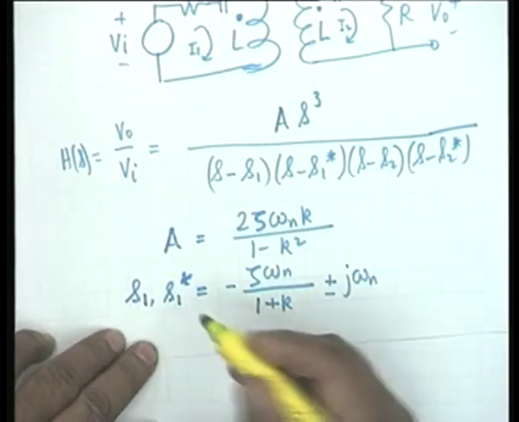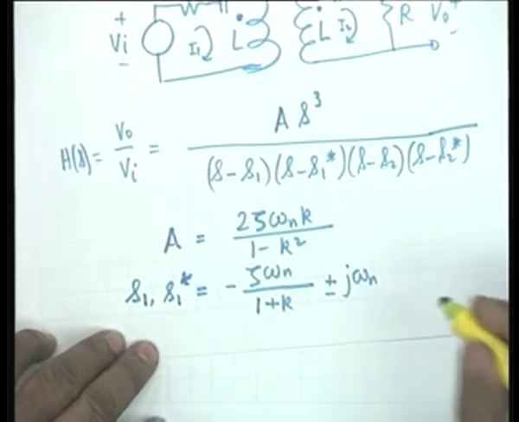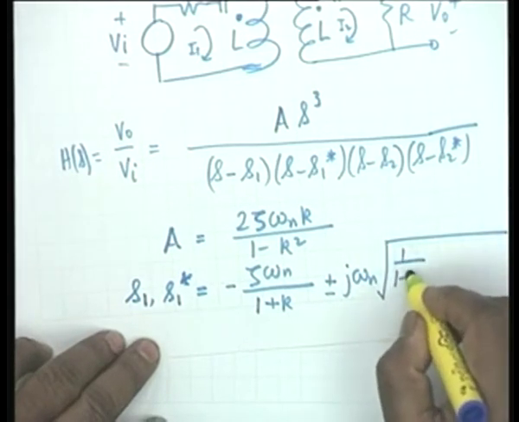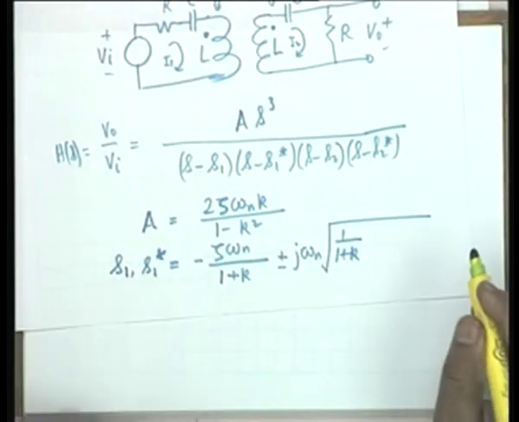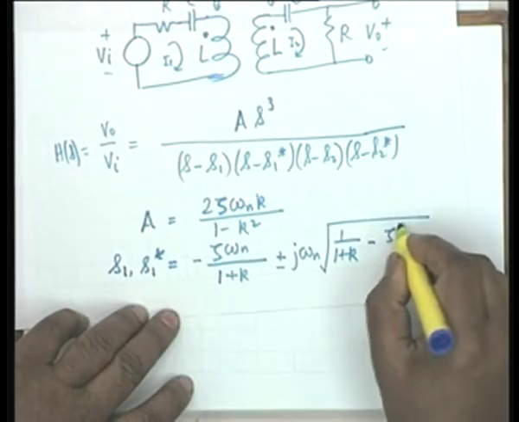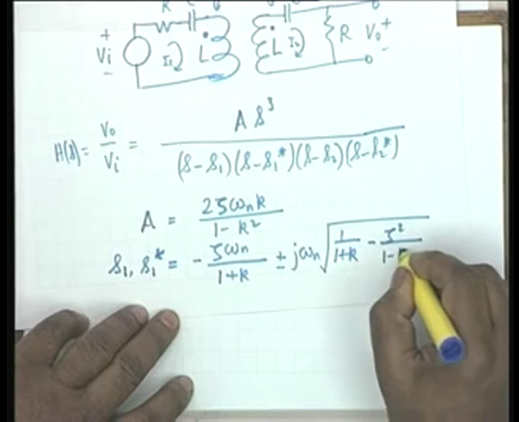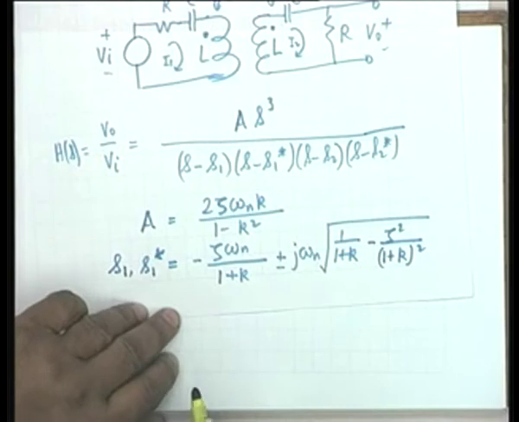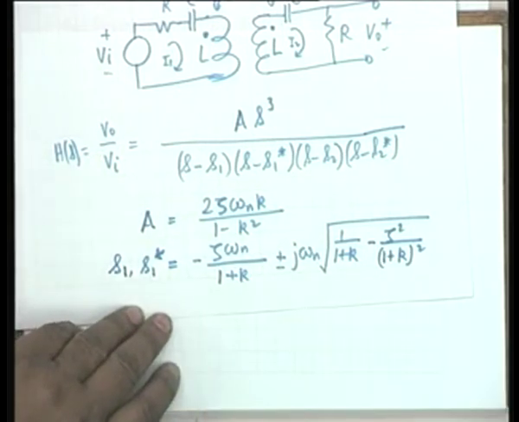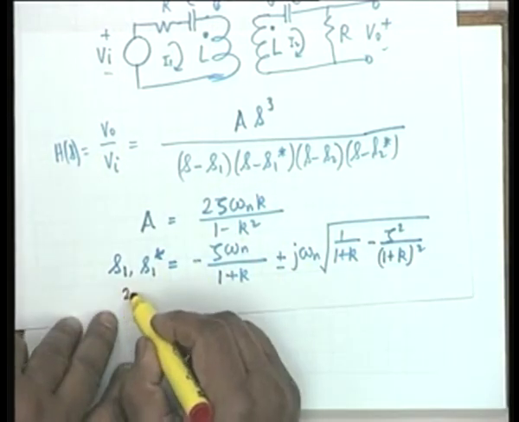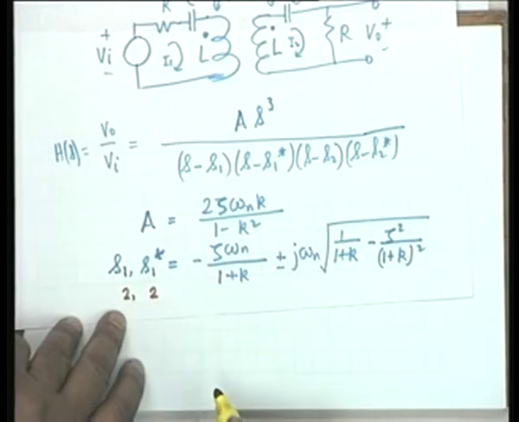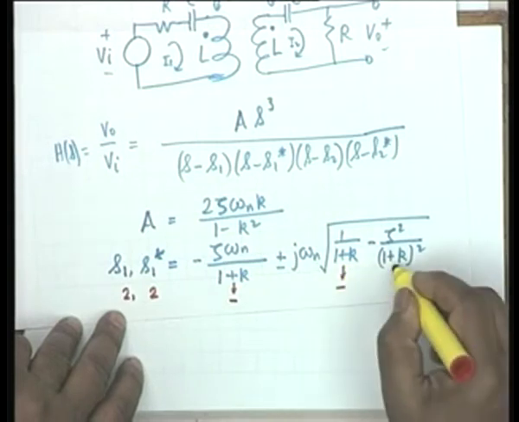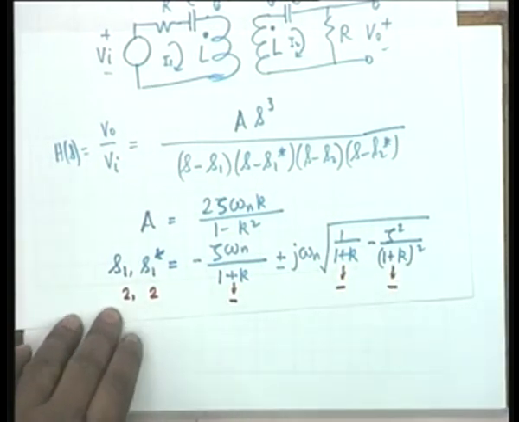It really does not matter, S1 S1 star, because S2 S2 star also comes, j omega n square root of 1 by 1 plus k minus zeta square divided by 1 plus k all squared. It should be plus throughout, and if we had S2 star, the only change is this sign changes to minus, this sign changes to minus, and this sign changes to minus.